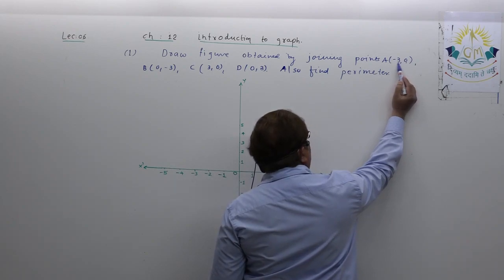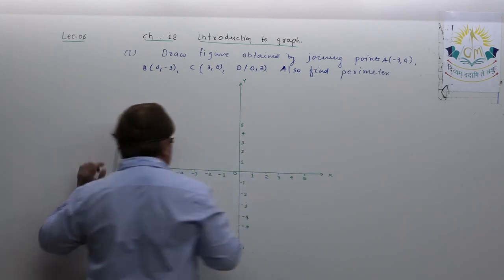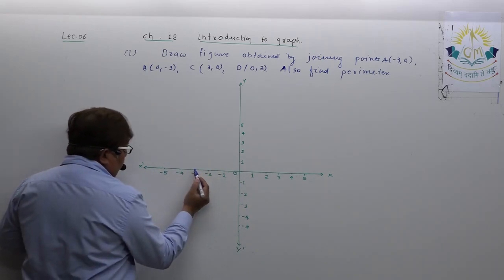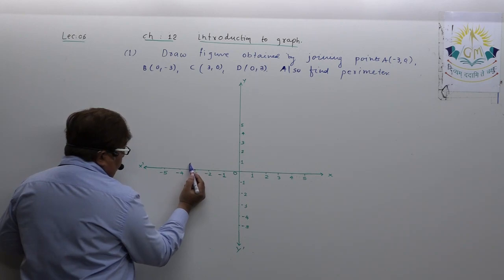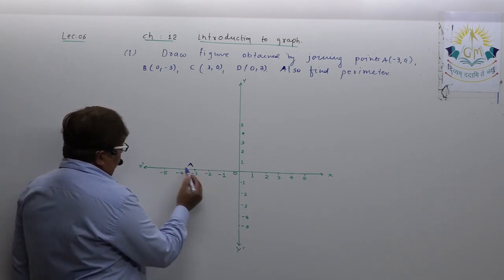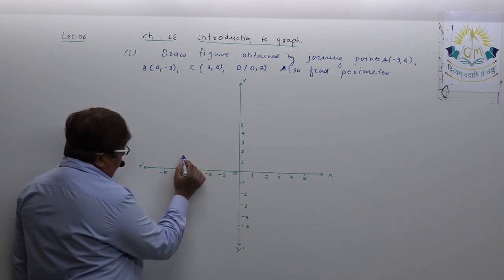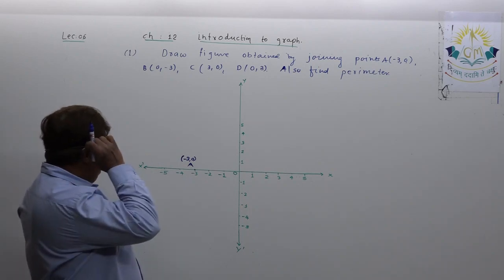So this particular point lies on the x-axis. You got point A here. You can write minus 3 comma 0.